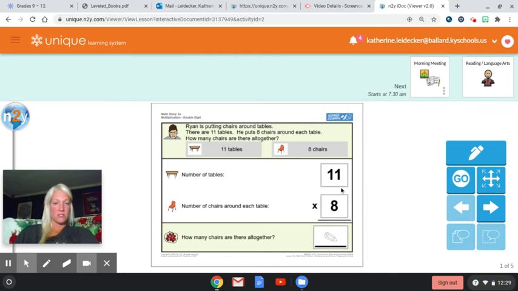Practice your calculator skills. So 11 times 8, I know, is 88. So I'm going to put 88. Okay, so it dinged right. So use your calculator for these. There's no problem.